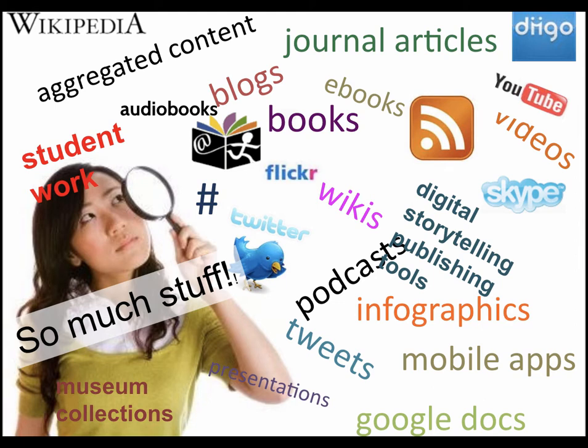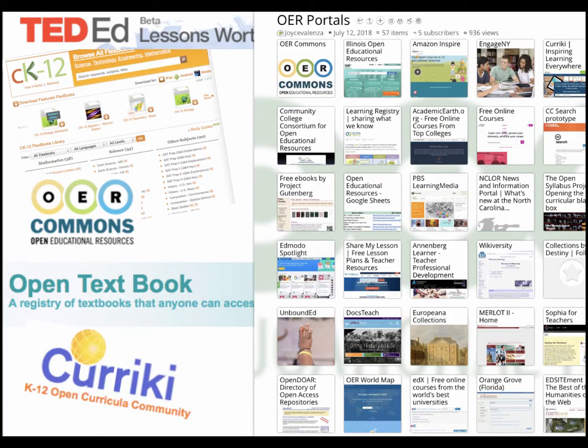Are we going to include student work, for instance? What about audiobooks, ebooks? Are we going to have access to social media, presentations, YouTube video, and of course OER? These are some OER portals that are worth mining, and they're coming with metadata, and so these can be put in our collections.